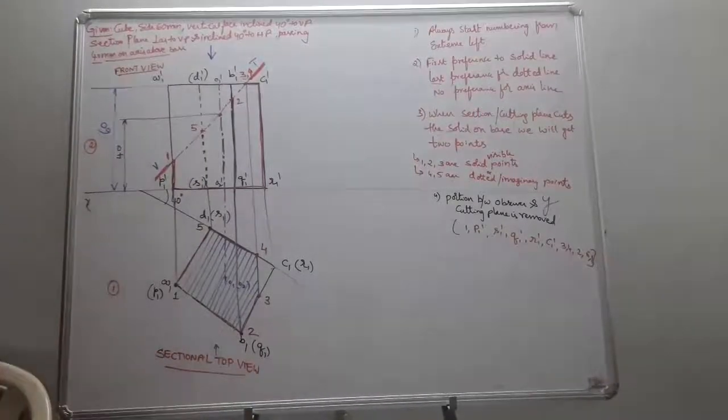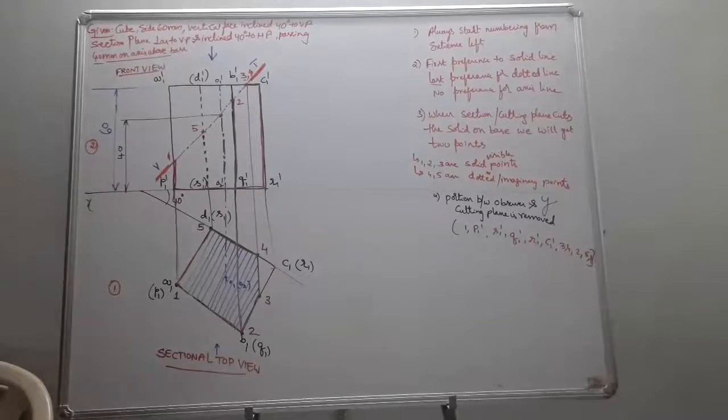Next, he asked to find the true shape of the section. How can we obtain the true shape? Students, have you understood up to here? So there was a sectional top view which is obtained below XY.